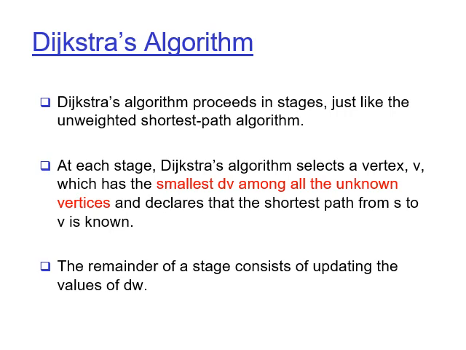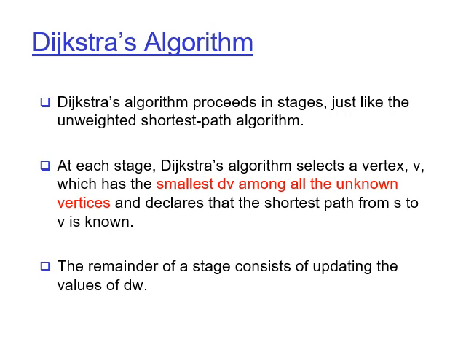At each stage, Dijkstra's algorithm selects a vertex V which has the smallest dV among all the unknown vertices and declares that the shortest path from S to V is known. So among all the unknown vertices, Dijkstra's algorithm will select the node whose dV is the minimum.